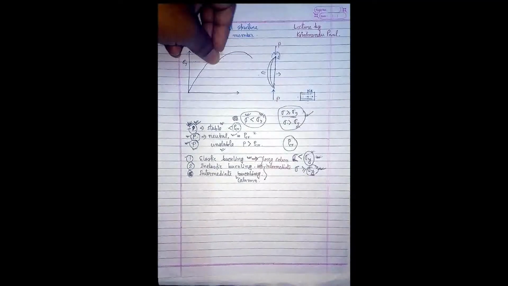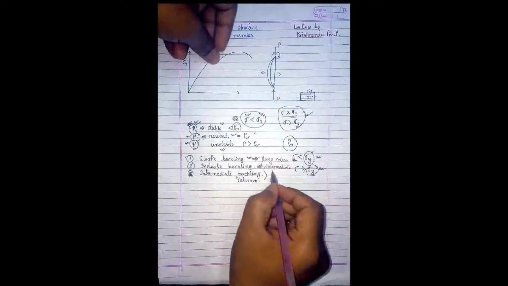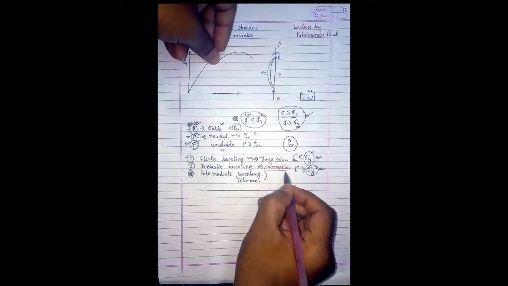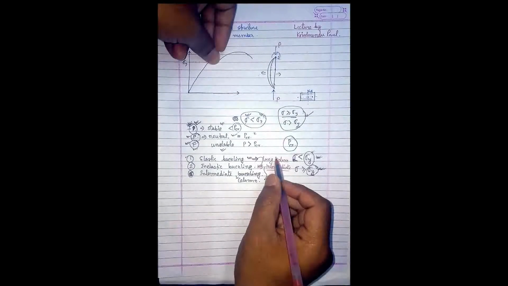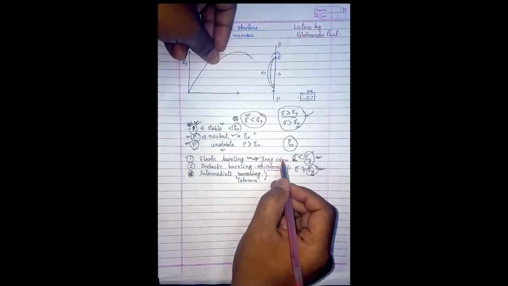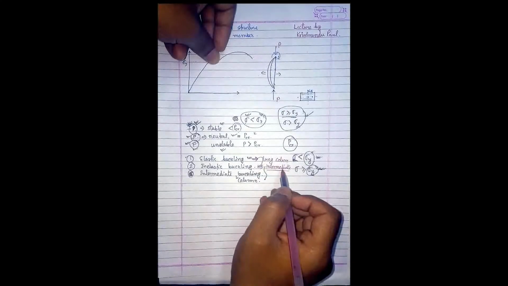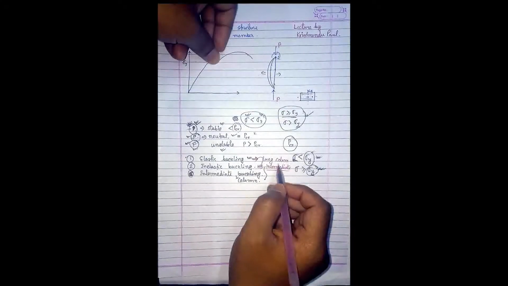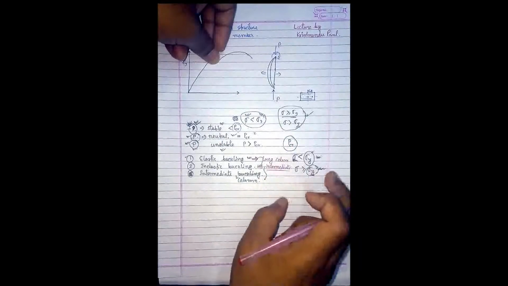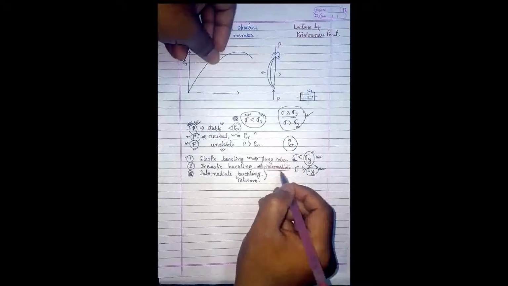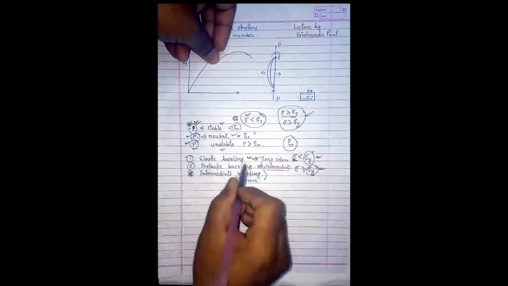The next one is inelastic buckling. It is seen in the intermediate column, meaning columns shorter than the long column, where the height of the compression member is not that much. What is inelastic buckling?